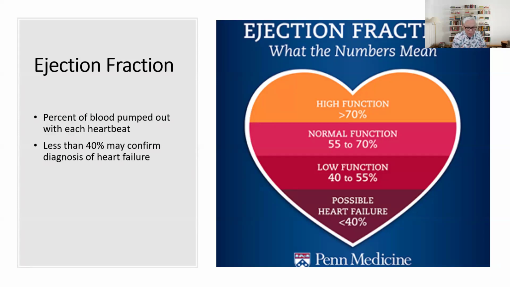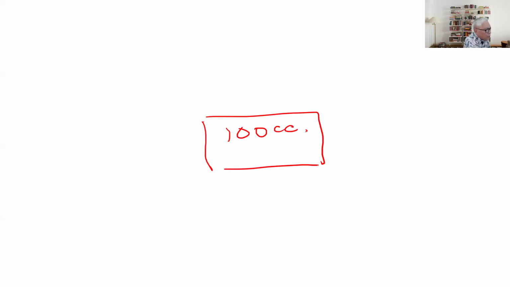So ejection fraction is very, very important because without the understanding of ejection fraction, we will not be able to understand heart failure. So let's say that the volume of blood in the heart is 100 cc's. Let's say that this is in the ventricles. When the ventricles contract, you all think that 100 cc's is ejected, and that is actually incorrect. All right?